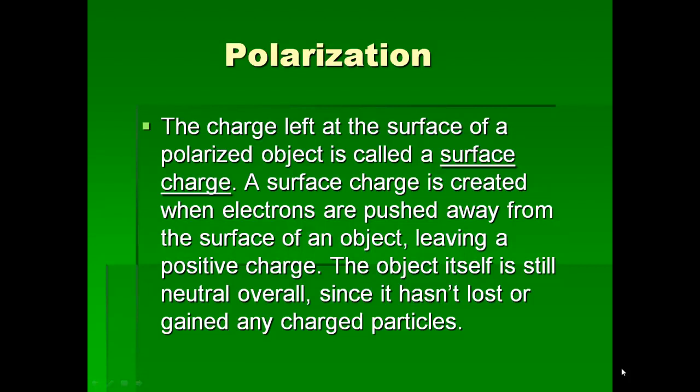Why is it that electrons are always the charged particle that moves around when charge is distributed or changes in an object, and not the protons inside the nucleus of atoms? What I want you to do as a homework assignment is look up the answer for this question and have it as part of your notes. I'll be checking for that tomorrow.